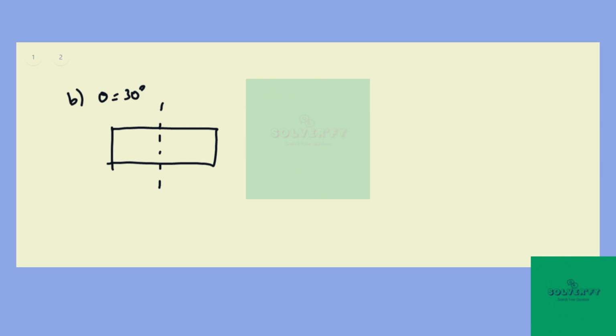So from the top view, if we look at it from here, this is the initial position of the loop, right? Then we're tilting our loop 30 degrees with respect to horizontal.